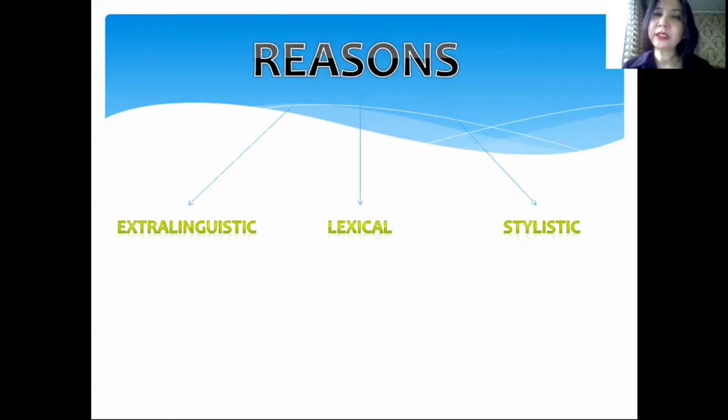The next reason is stylistic. Here we say about differences in connotation. For example, the English word buck will be translated as dollar. But here we can say about a slight stylistic connotation and difference between the English and Russian versions, because the English word buck is a slang word, a colloquial word.